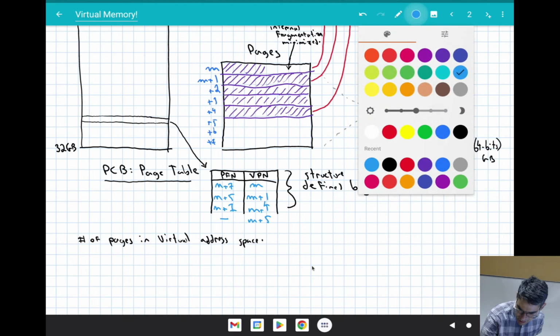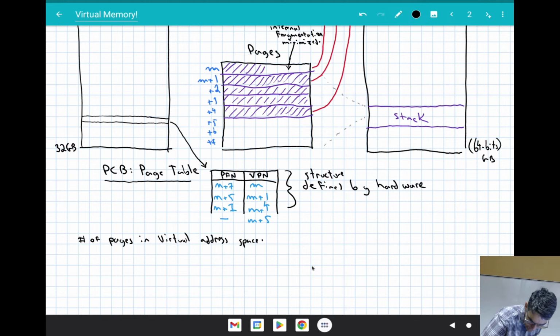And so to get to that point, I'm going to calculate this as there are going to be 2 to the 64 possible addresses, but I'm dividing this address space into 4 kilobyte size chunks. So I'm going to say 2 to the 64 divided by 4096, or 4K, which is 2 to the 64 minus log base 2 of 4096.